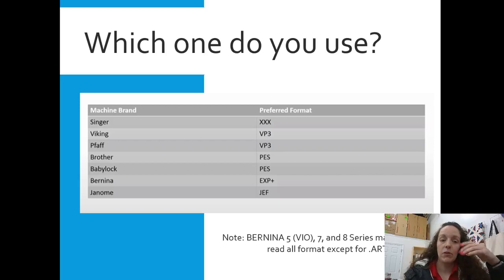But if you've ever popped in that USB stick and you have like 6 copies of one design, that's because you're seeing the design in each of those format extensions. It does not matter which one you pick and choose, but I would not do any additional editing to those designs, especially making them bigger or smaller, greater than 20%.